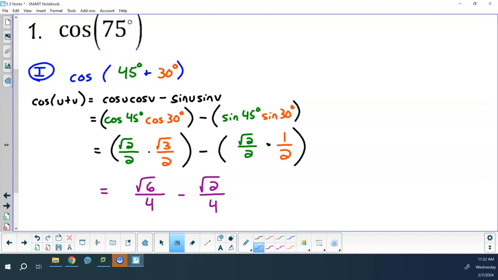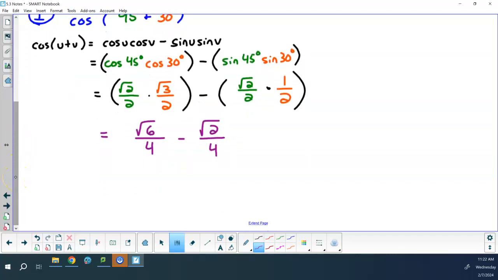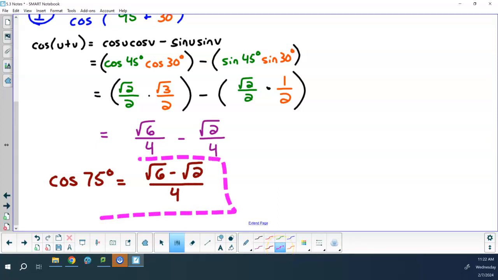Can I combine those two fractions? No. Okay.